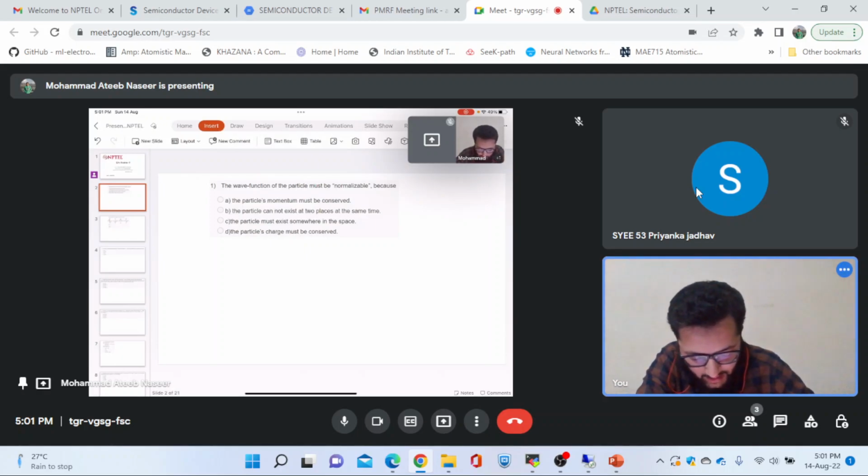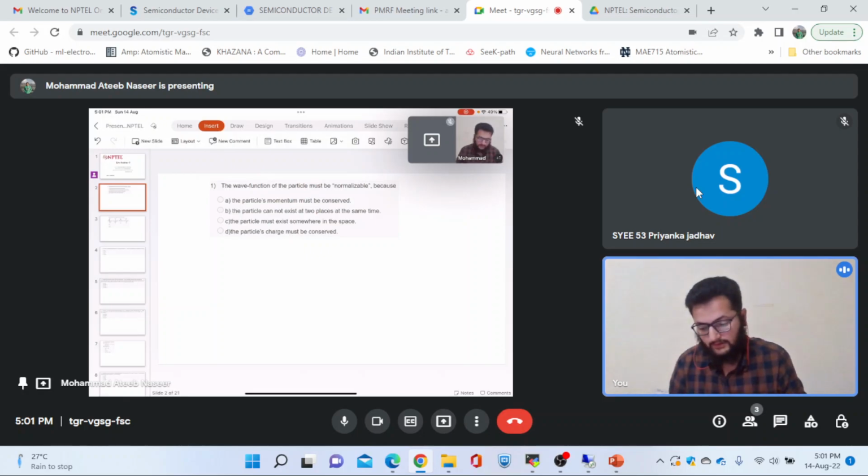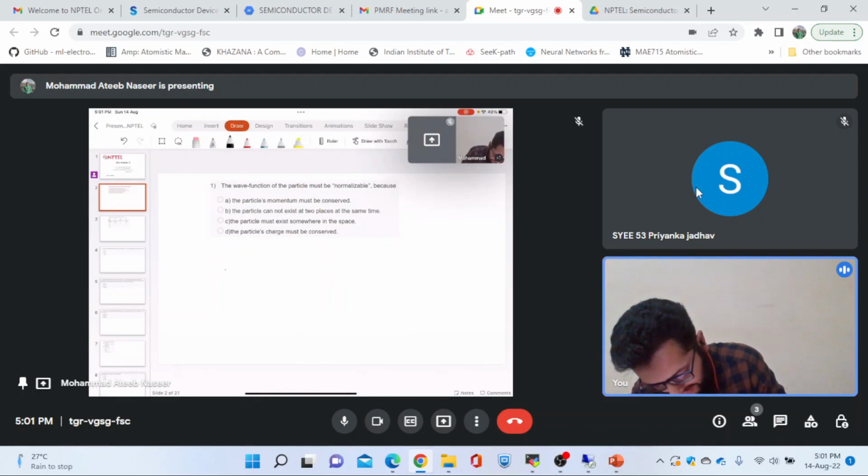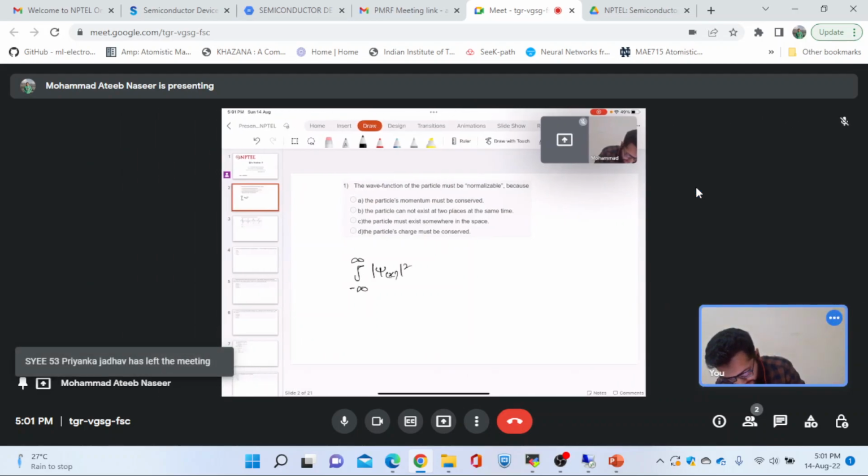You were asked to choose one of the four options, and it is simple: the wave function must exist somewhere in space. That is, it has some finite probability of occurrence, so the integral between minus infinity to infinity of the probability density dx equals 1.